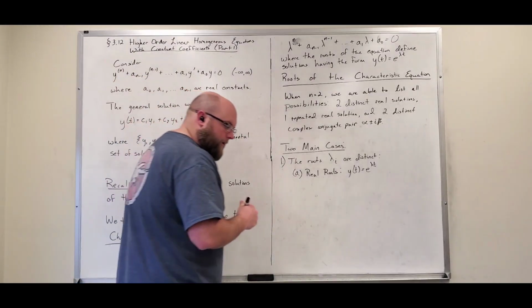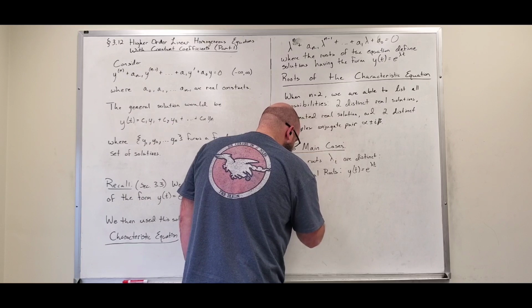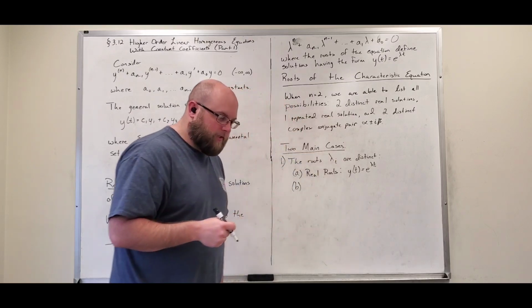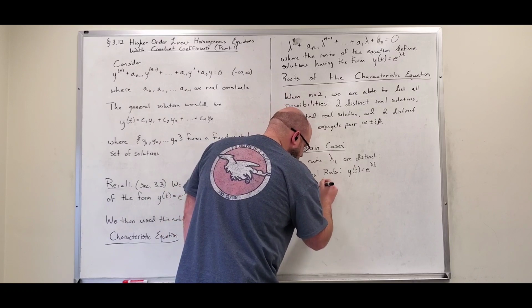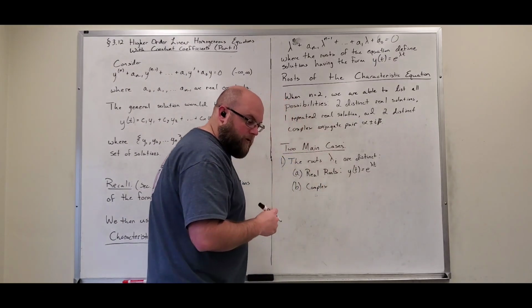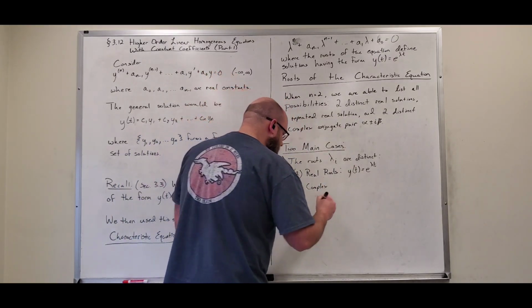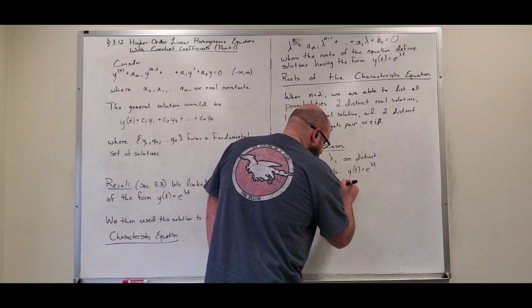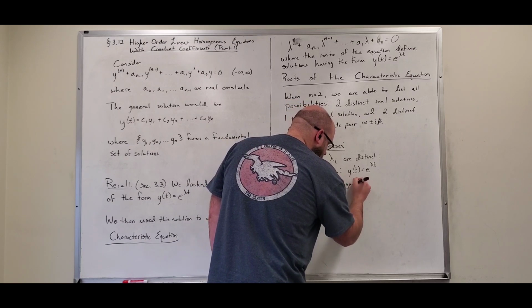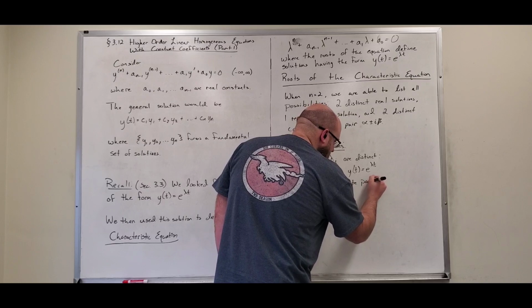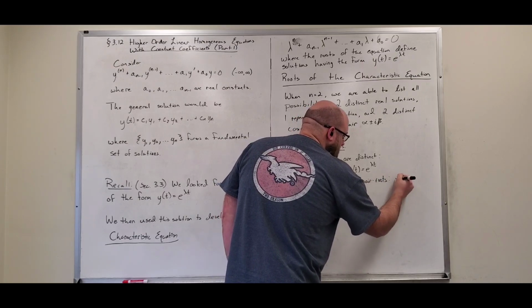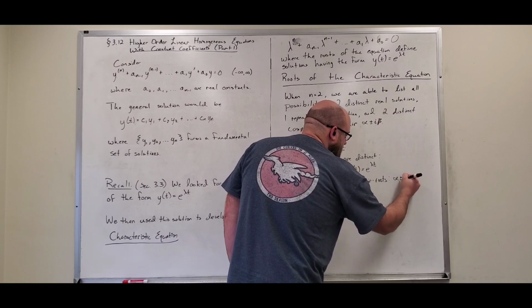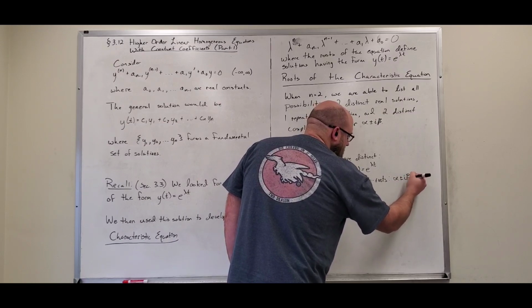Now, if they're complex roots, that's where we've got to change things up a little bit. So if we find out that they're distinct, but then we have complex conjugate pair roots of the form alpha plus or minus i beta.